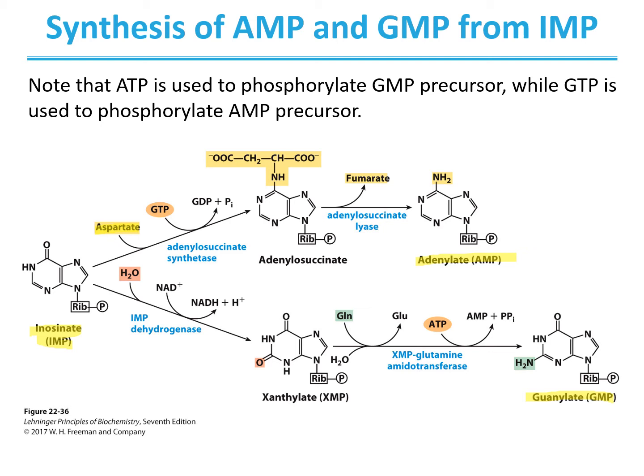We convert it into an intermediate adenylosuccinate, and eventually the lyase enzyme will break this adenylosuccinate, take the fumarate away, and we get our final product, which is AMP. If we have to synthesize the GMP molecule, inosinate will first be converted into xanthylate, or shortened form XMP, by addition of water to this molecule, and eventually the glutamine is going to be added up, and we get the GMP molecule, or guanylate.